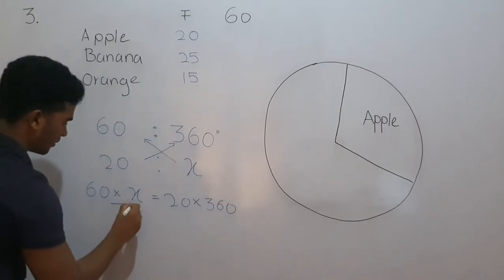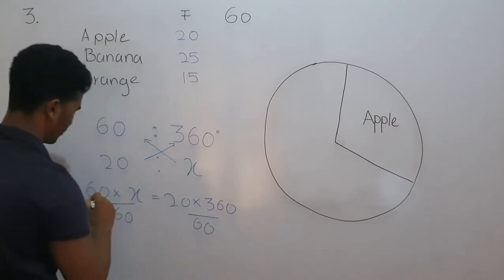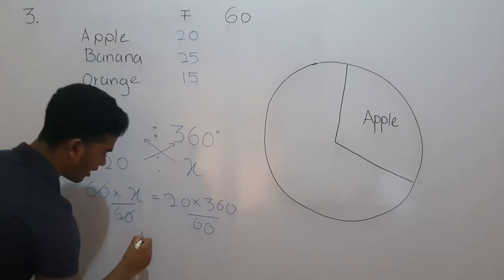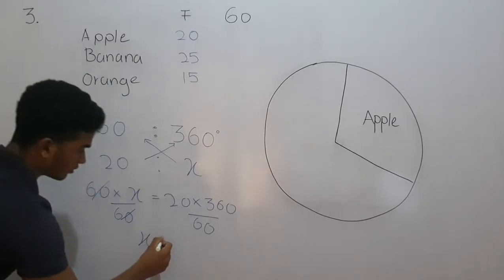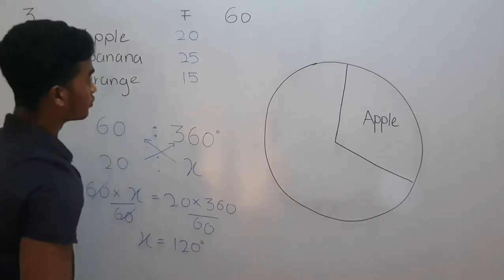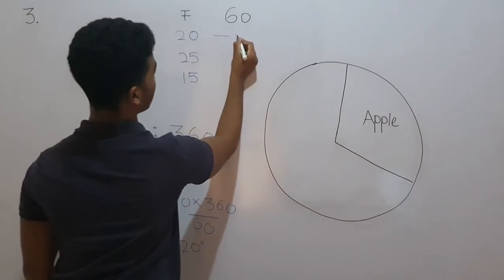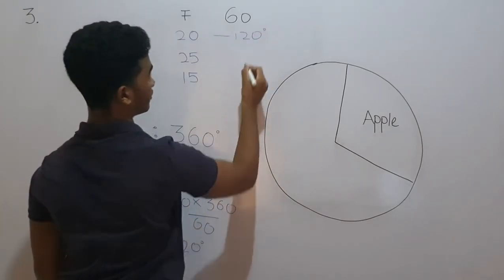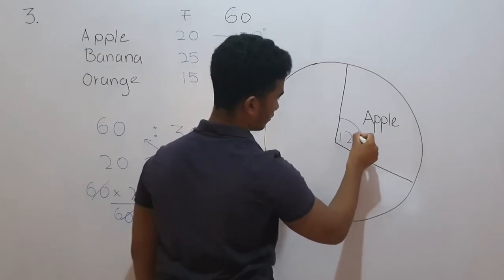So divide both sides by 60, this 60 and this 60 will cancel, and you get x as 120 degrees. So we found the angle for apple, that is 120 degrees. So we'll mark it 120.